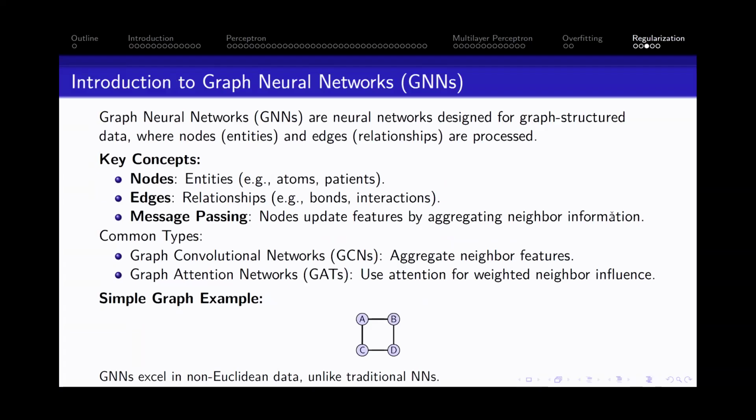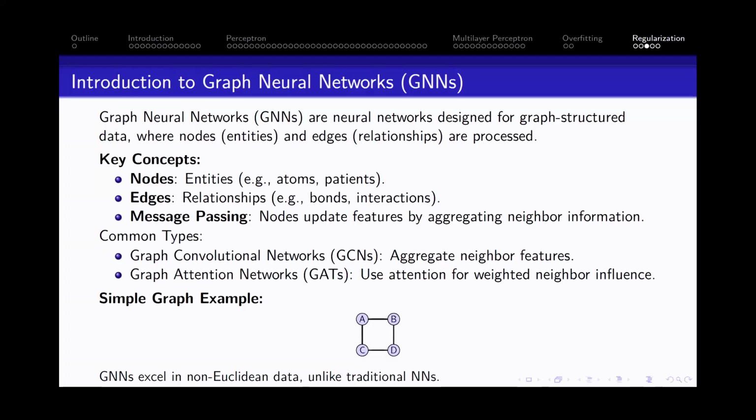So the last topic that I'm going to discuss for today is graph neural networks. Graph neural networks are useful when your data have a graph structure, and they have 3 different concepts. They have nodes. If you look at the image on the bottom, these nodes are entities. They can be atoms or patients.